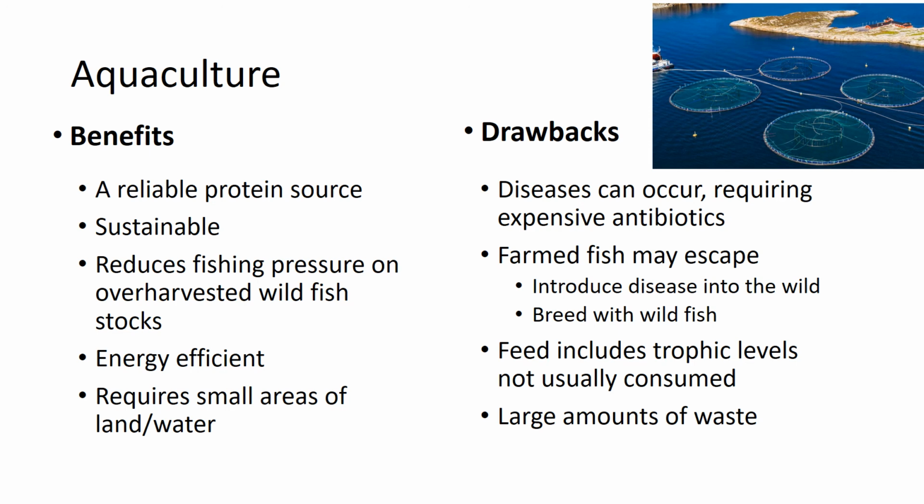And also, a lot of times in aquaculture, you're feeding the organisms at different trophic levels than they're usually consuming in the wild. So you end up with a much different product. And then you also have this large amount of waste that can either pollute nearby waters or just have to be dealt with in some way and treated.